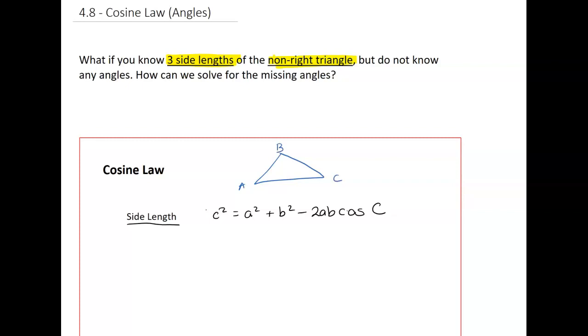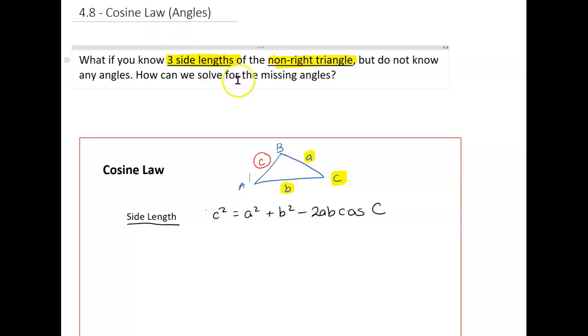So for example, the way it's written in this formula, we know the side length of A and the side length of B, and we know the angle between it, which is the angle C. And by using these 3 pieces of information, we can plug into this formula to solve for the side length C, which is over here.